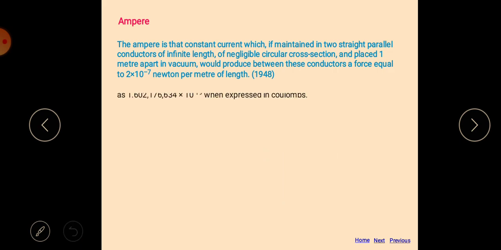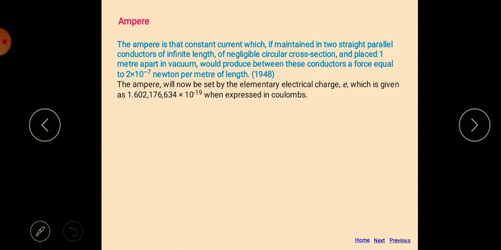Now this ampere will be set by the elementary electric charge e, which is given as 1.602176634 into 10 raised to power minus 19 coulomb, when expressed in coulomb. In 2019, just as there was a change in the definition of mass, there was a change in the definition of ampere also, and it is now given in terms of the charge on the electron.